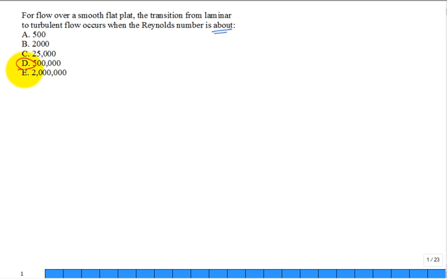What will some students give me as a next answer? The most popular second answer, which is incorrect. Which will they give me? They'll give me around this one, which is close to 2,300. And for over a flat plate, it's 500,000.